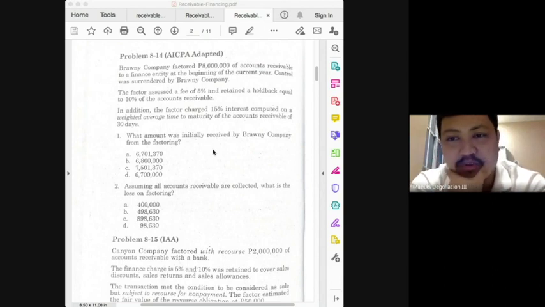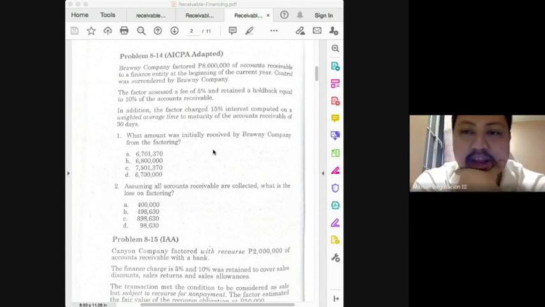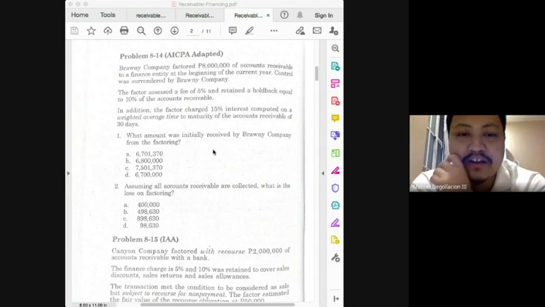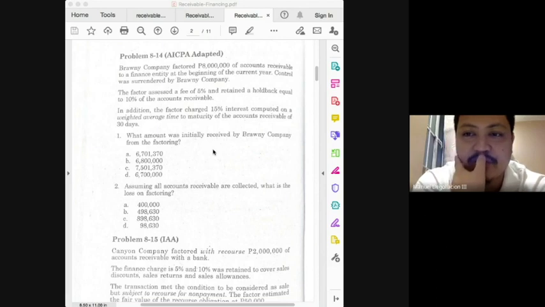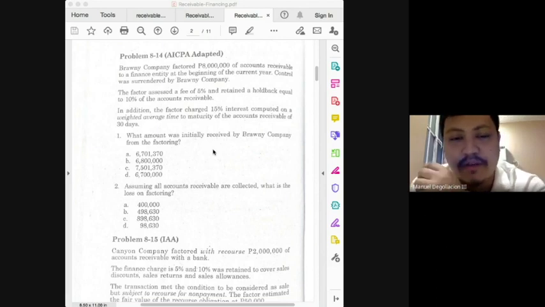Okay, so just to clarify, a holdback is not necessarily an expense or a loss on our part, provided that the factor will be able to collect on the entirety of the receivables. It will only become a loss on our part if the factor will not return the deposit or the holdback to us. And the only reason that the factor will not return our deposit or the holdback is if the factor is not able to make a full collection.